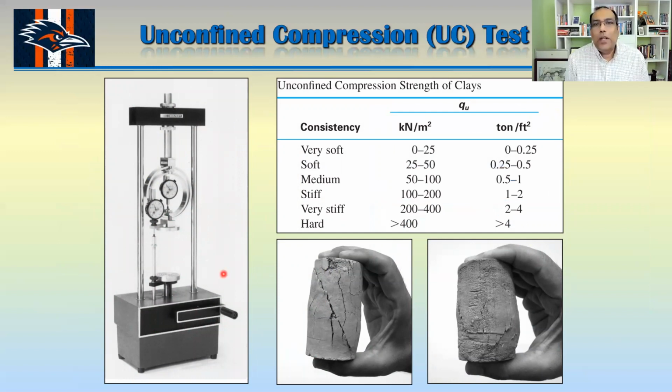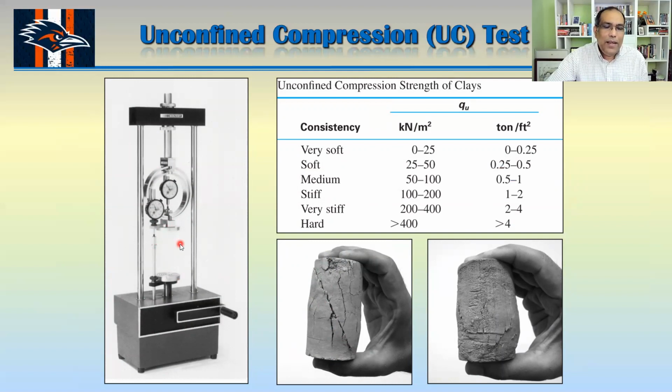Actually, we use an undisturbed soil sample from the field for clay and cut it in such a way that the height has to be more than 2 times the diameter. Then you put it here and apply load from the top. Also, measure the strain here.